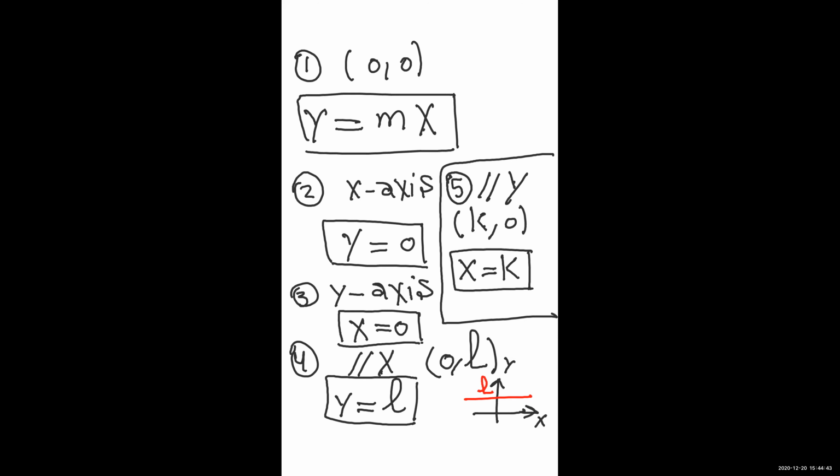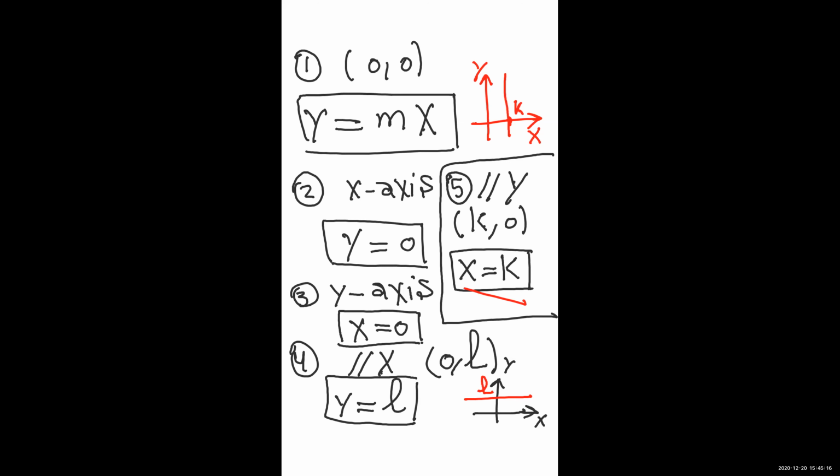If it's parallel to y, like this one is x and this one is y, and it's passing through the point k and 0, there is no coordinate for y. So here x will equal k. Okay, guys, are we clear?